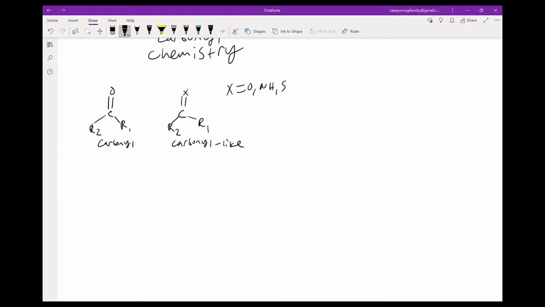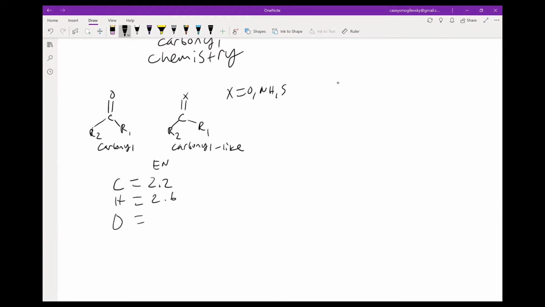And as you may know, carbon is relatively in the middle of the electronegativity scale, around 2.2-ish. Hydrogen is around 2 point something-ish, I'll say 2.6-ish, I think. And oxygen is around 3.4.